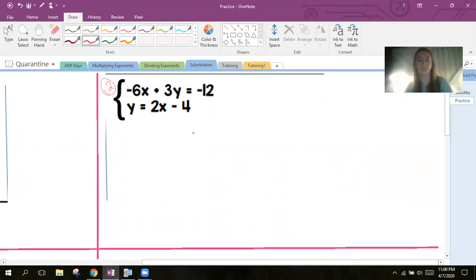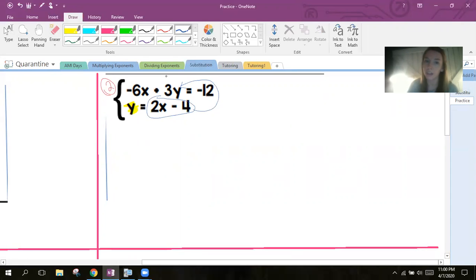Okay, so once again, I see that I have one equation that is already set equal to a variable, which is really good for us. Okay, so that means we just take all of that it's equal to, and we're just going to substitute it into the other equation where we see that variable. Okay, so this time it was the second equation that was solved for a variable, but nothing changes.